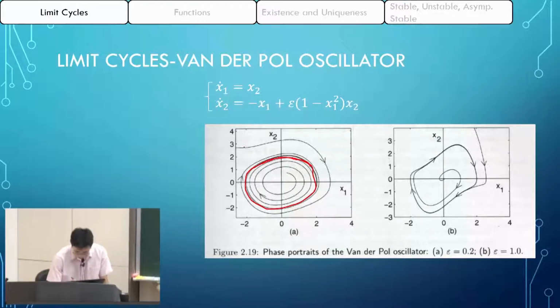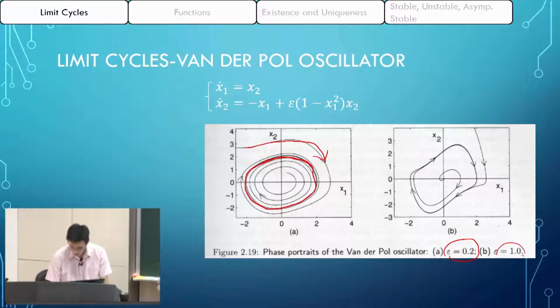If you move from outside of this orbit, you will converge to this orbit. If your initial condition is from inside, it will go outwards until it reaches this orbit. So this is the case with epsilon 0.2.